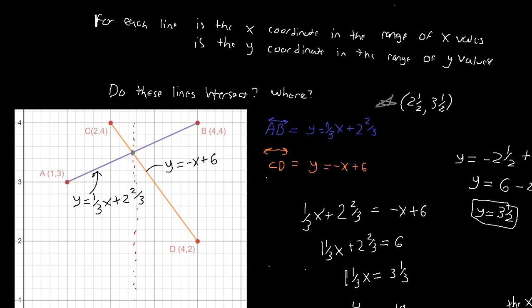What do I mean by this? For each line, we have line AB and line CD, and we have to ask ourselves, is the x-coordinate in the range of x values? So we're going to look at this 2.5 and take line AB first. Does 2.5 fall between the x-coordinate of the first point and the x-coordinate of the second point?